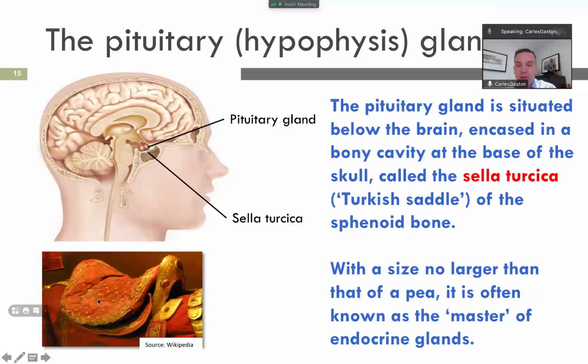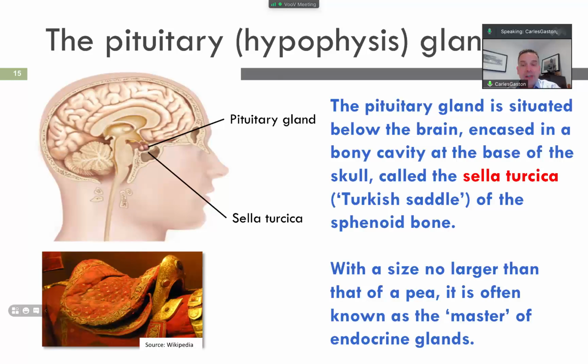Can you see here the sitting of the horse? It has this shape, and that's why it's called the bone sella turcica. The pituitary gland is situated below the brain and is encased in this bony cavity called sella turcica or Turkish saddle, also known as the sphenoid bone.